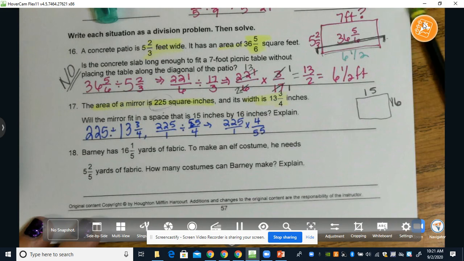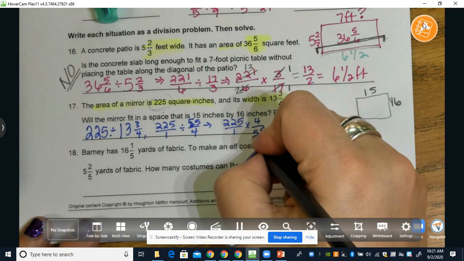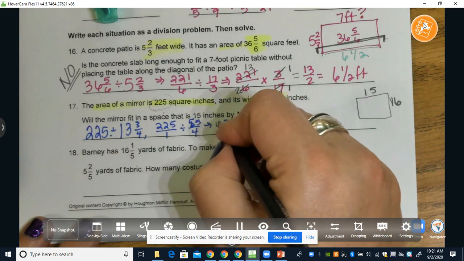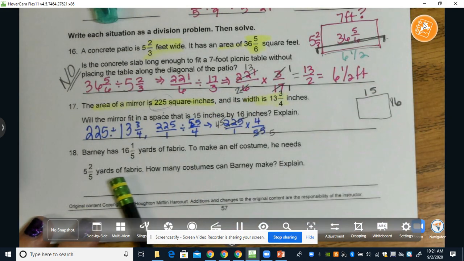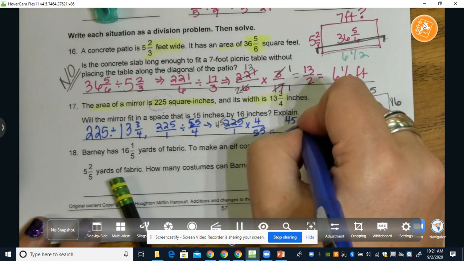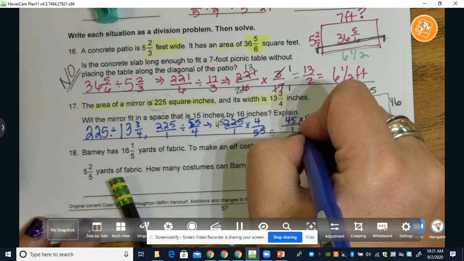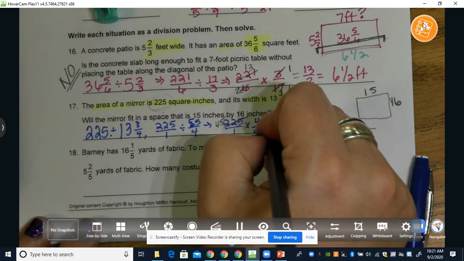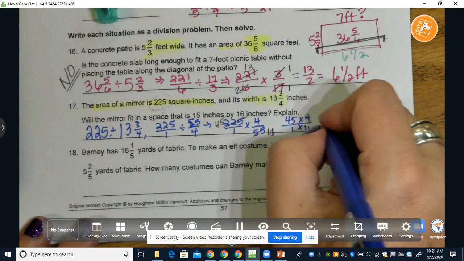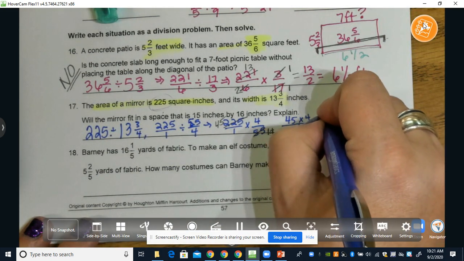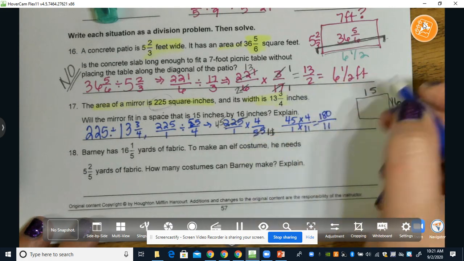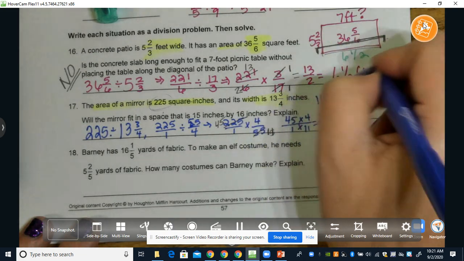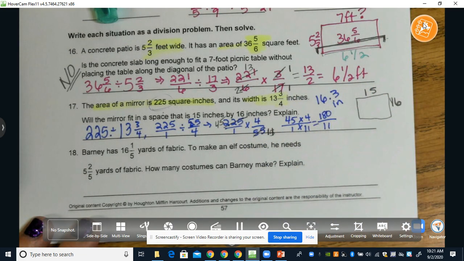If I simplify both of them by 5, I get 45 times 4 over 1 times 11. It's an 11. So 90, that gives me 180 over 11, which rounds approximately to 16 3/10 of an inch. It's about that. It's a little more than that.